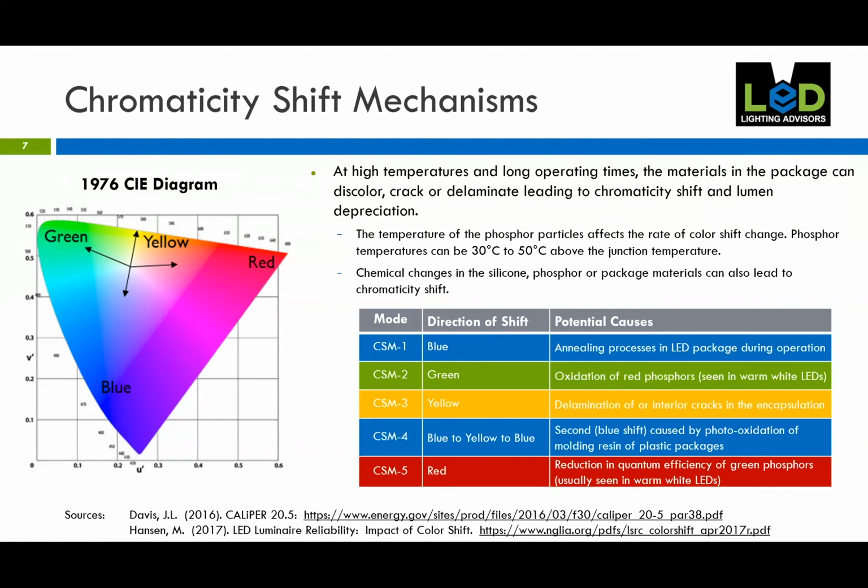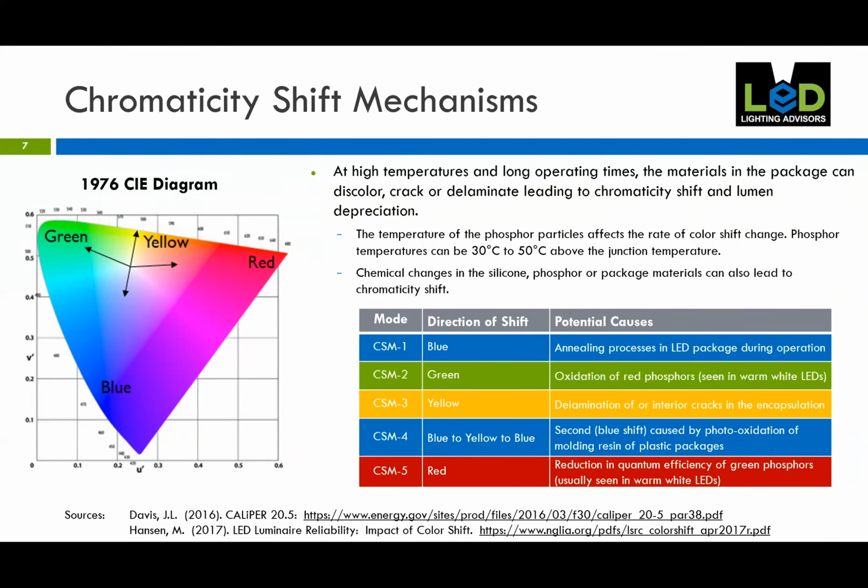Color shift mode 2 in the green direction tends to occur in some warm white LED packages due to the change in the phosphors, and more specifically, oxidation occurs of the red phosphor, which decreases its peak intensity relative to that of the green phosphor, leading towards a green shift.